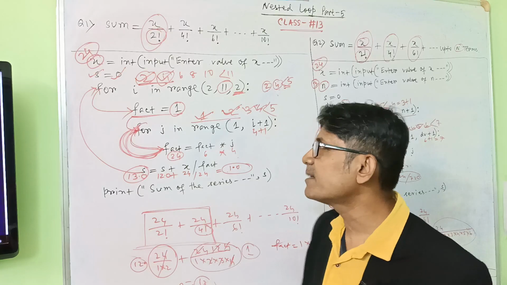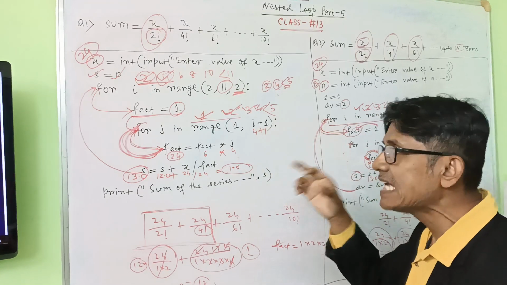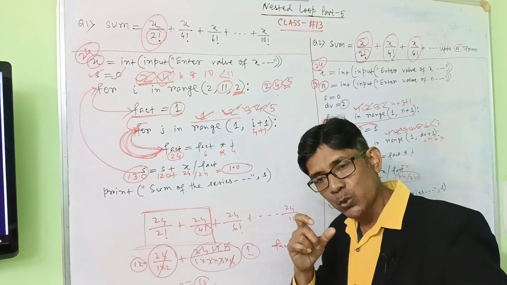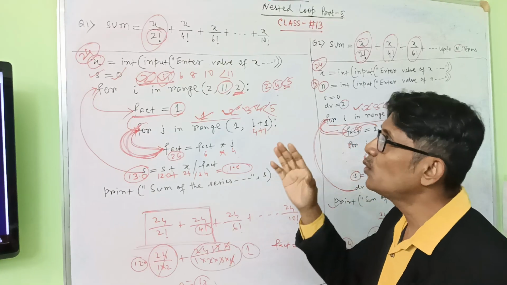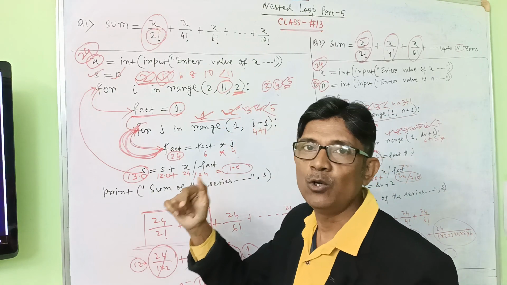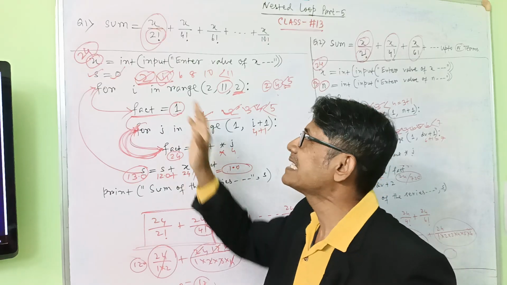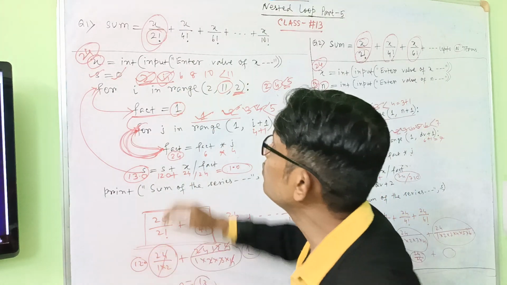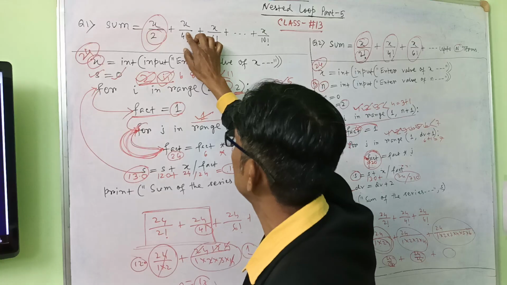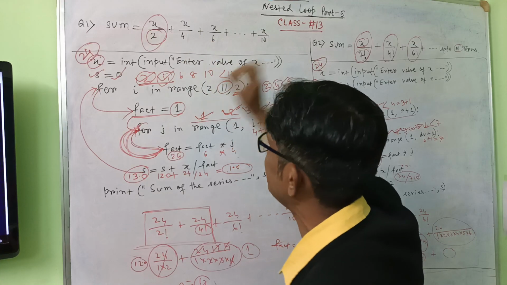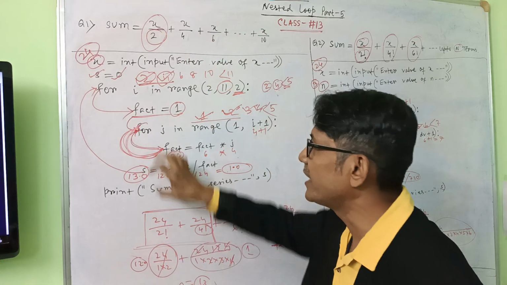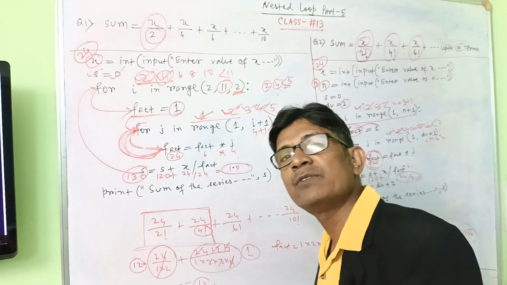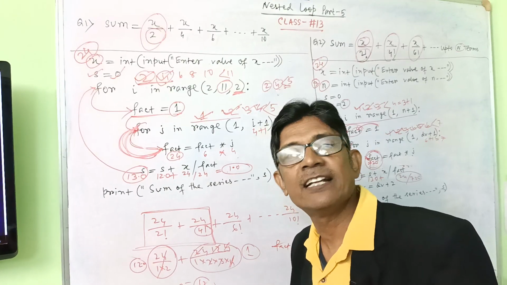Today up to this much I am showing you, because these 2 series will help you to get the proper idea. So we are using the nested loop. If you don't use the nested loop, suppose your question is like this, and you do not have to perform the inner loop, we don't require even the nested loop.